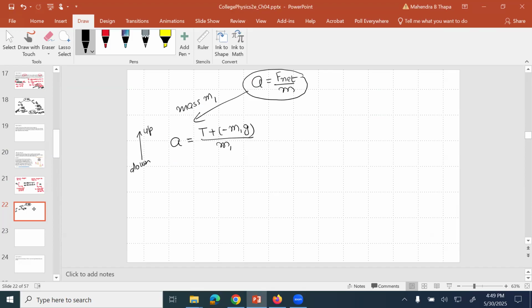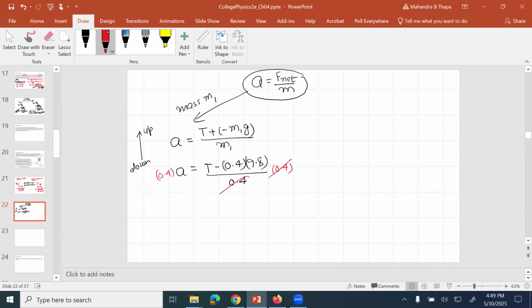Plug in the numbers. Acceleration A equals T minus the mass, 0.4 kilograms, times the value of g, 9.8, over 0.4. For simplicity, I multiply both sides by 0.4.